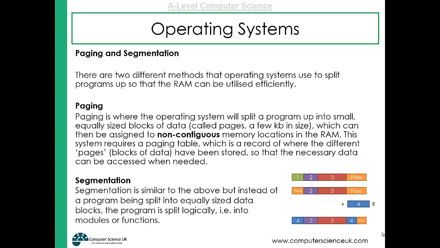So this can then be assigned to non-contiguous memory locations, and this system requires a paging table so that wherever these blocks of data are actually stored, a table will keep track of that, so that if the data needs to be accessed, it can look in the paging table to see whereabouts that data is and access it when it's needed.